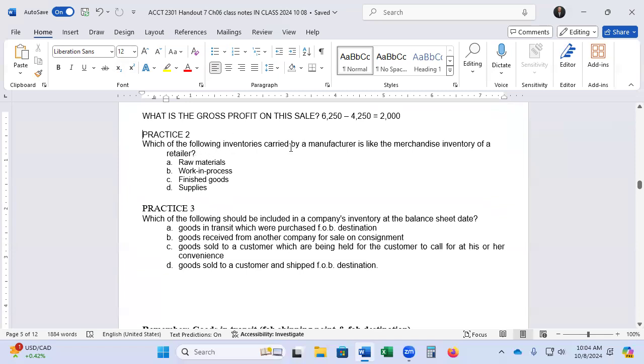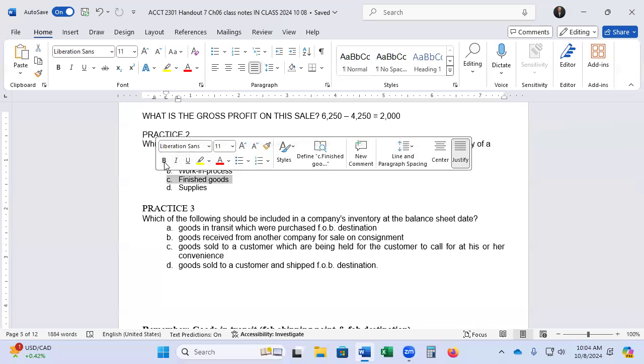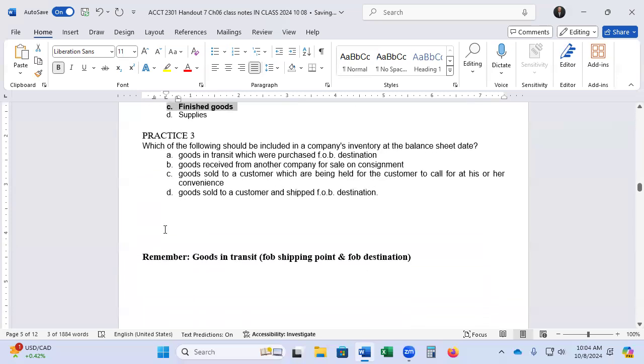Okay, it says which of the following inventories carried by manufacturers like merchandise inventory? And so that would be C, finished goods. And I'll give you about 30 seconds to do number 3.